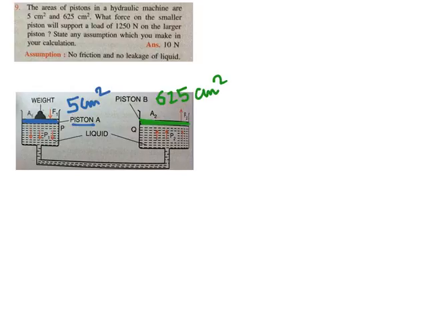Now, if I have to balance a load that is on piston B, which is kind of a load or some weights, given as 1250 Newton.